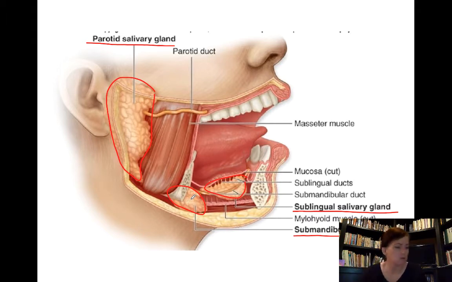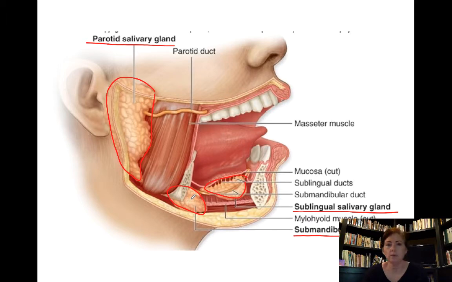All three of those are important in releasing saliva. They're going to use the saliva to help form the food that you eat into what's called a bolus of food, and it helps to clean your mouth. Also, saliva contains amylase, which begins the chemical digestion of starches in your mouth.